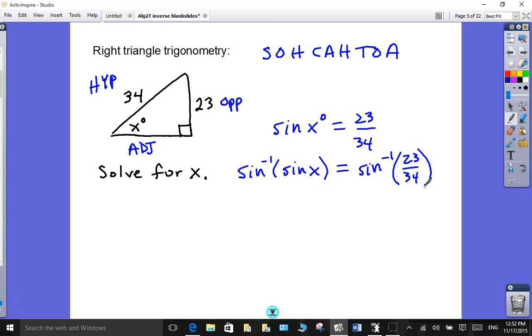And you probably didn't even see that part of it. But here's what we learn: this is a composition. When you take a composition of a function and its inverse, they cancel each other out, and all you have left is x. So actually, x is going to equal the sine inverse.